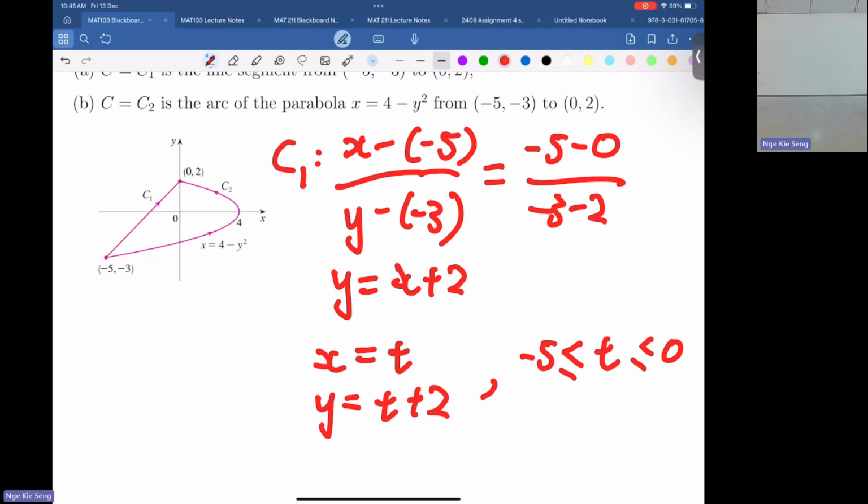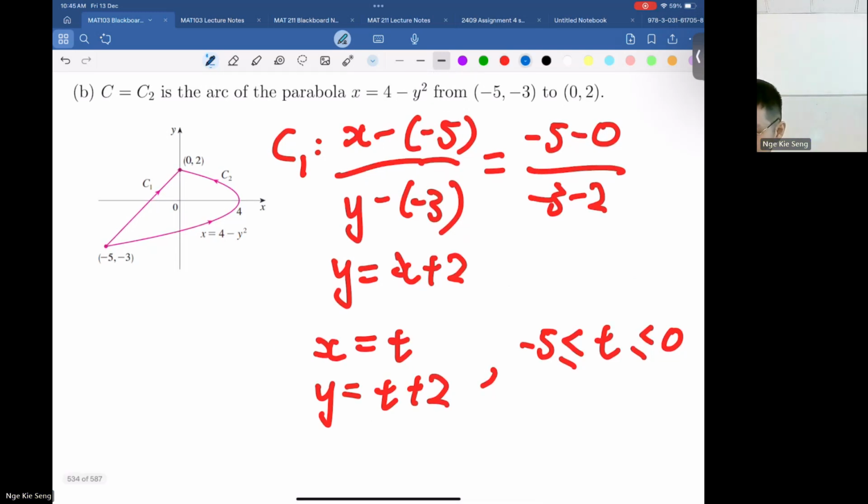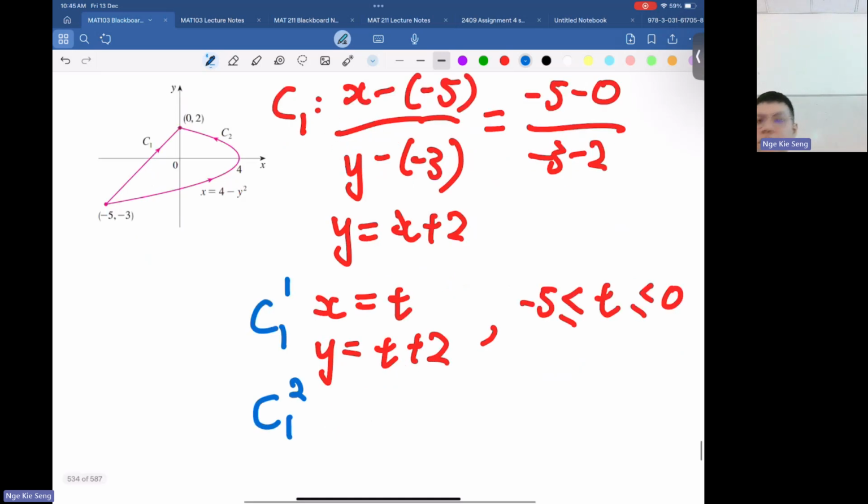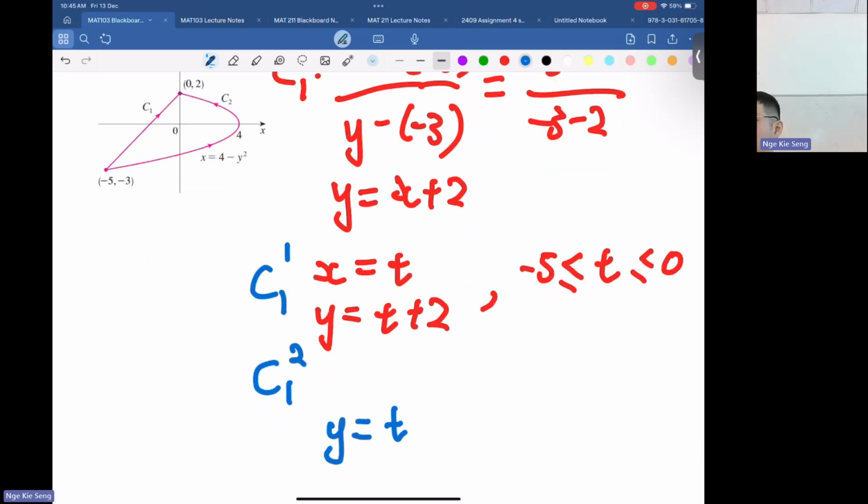OK，有没有人想问啊？为什么我不要 set y 等于 t？可以 set y 等于 t 吗？ So let's write these as C11 first. Let us try C12. Can we instead set y equals t?